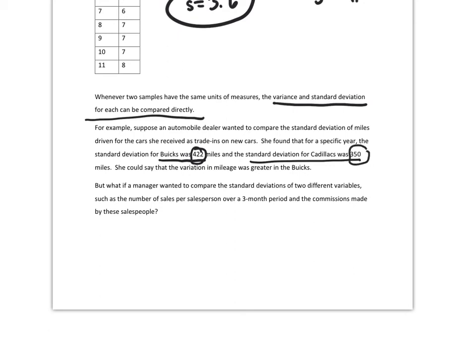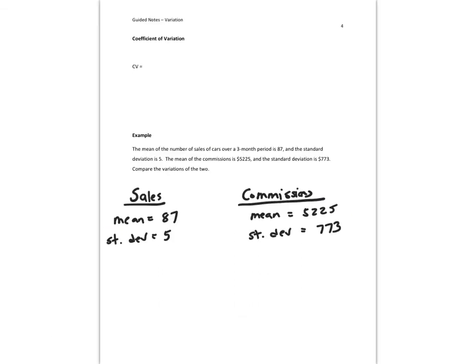But what if a manager wanted to compare the standard deviation of two different variables, such as sales per salesperson and the commissions made by these salespeople? We're going to use something called the coefficient of variation.